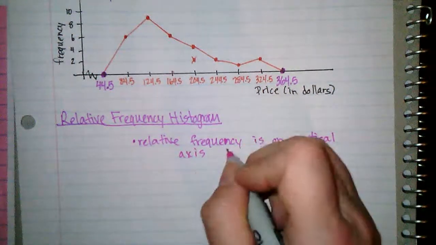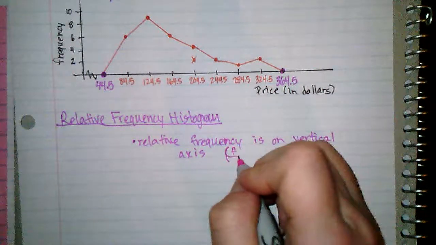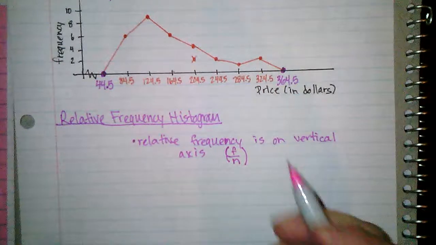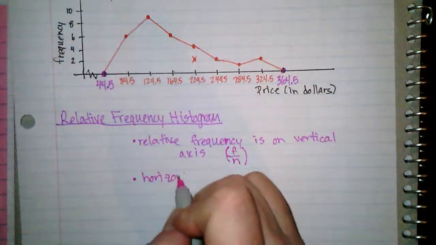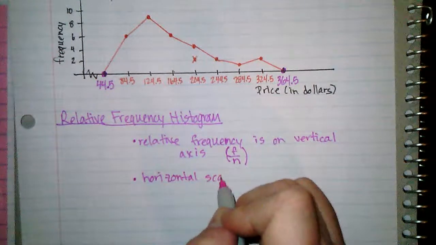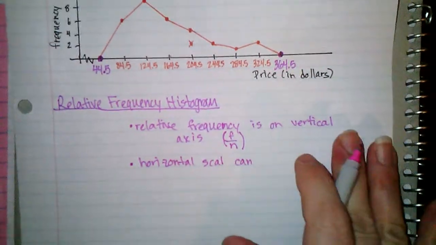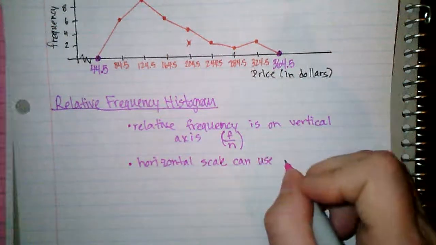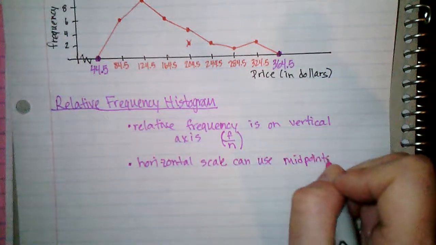And remember that relative frequency was the frequency for the class divided by the sample size. Then for the horizontal scale, just like we did with our frequency histogram, you can use midpoints or class boundaries.